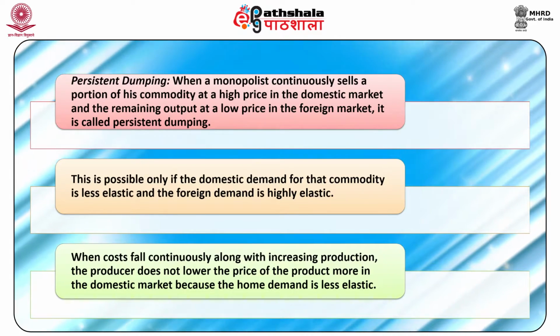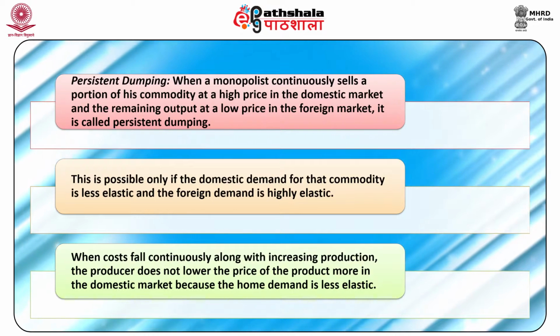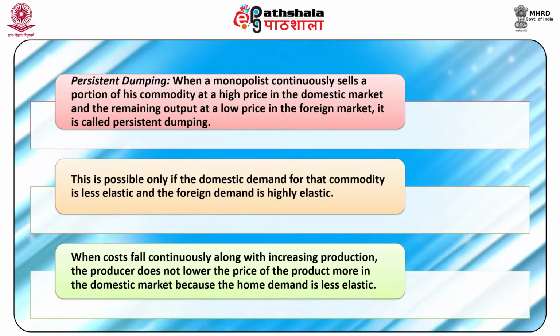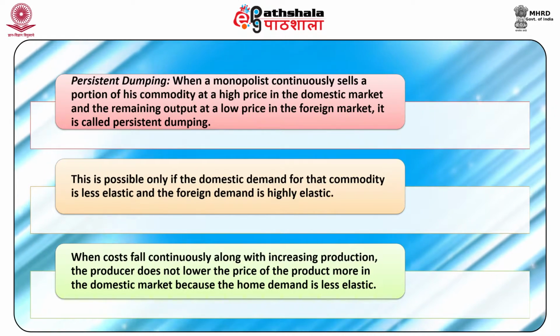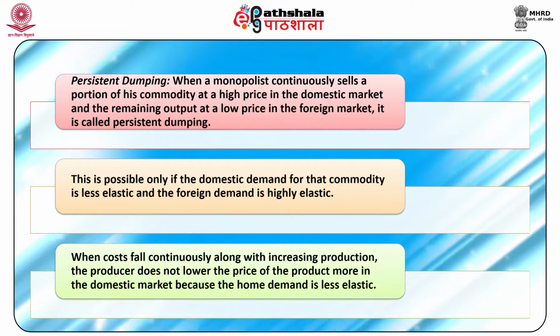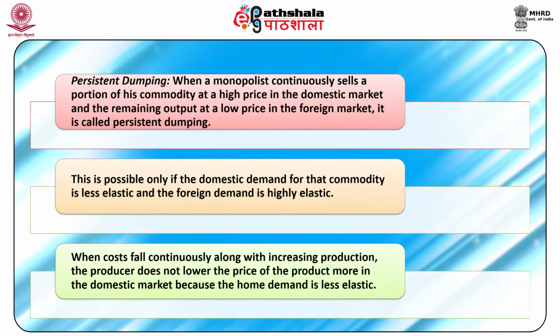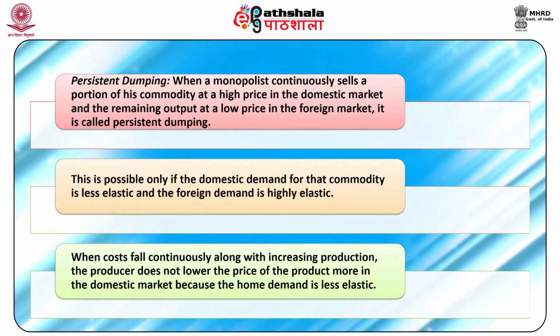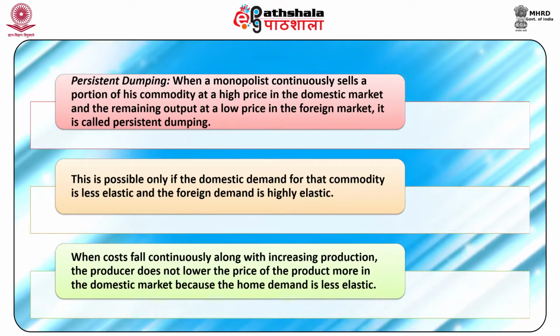Persistent dumping: when a monopolist continuously sells a portion of the commodity at a higher price in the domestic market and the remaining output at a lower price in the foreign market, it is called persistent dumping.